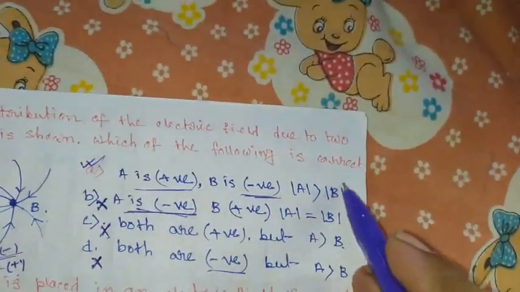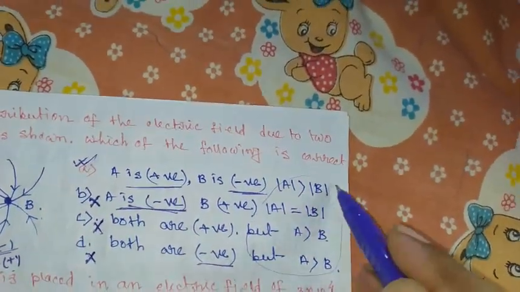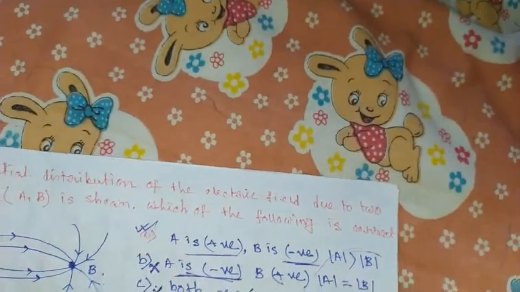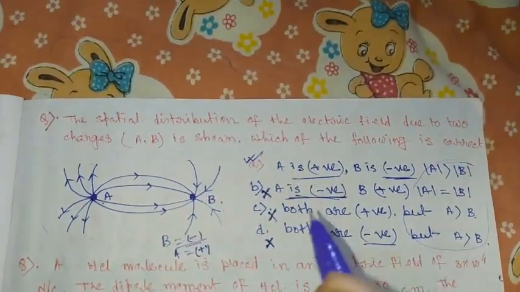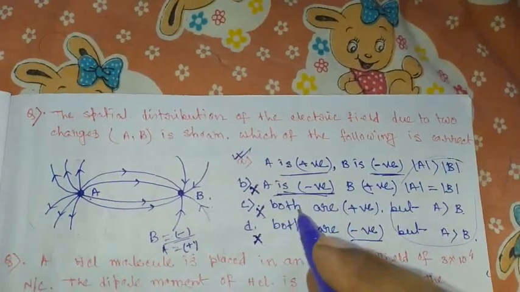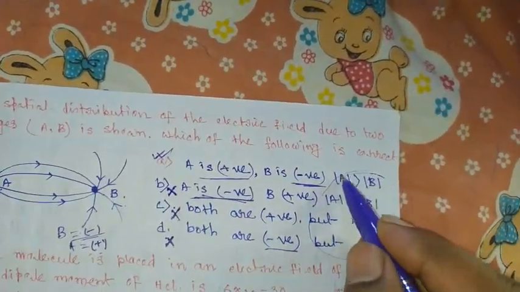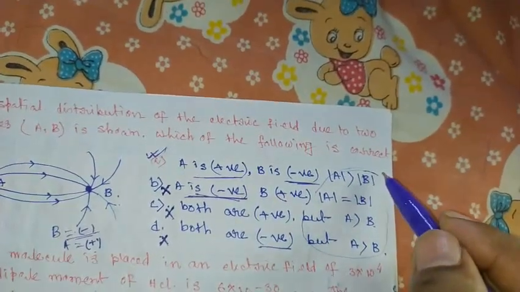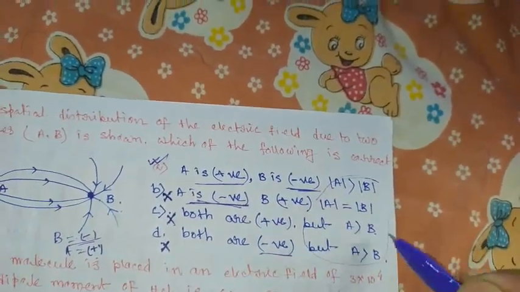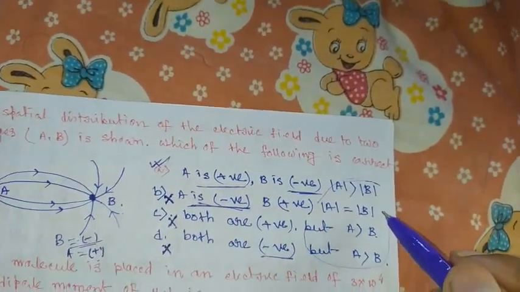To answer this question, from the first property of the flux lines we can easily solve it, but due to this part of the option we have to know another property of flux lines, and it is quite interesting.